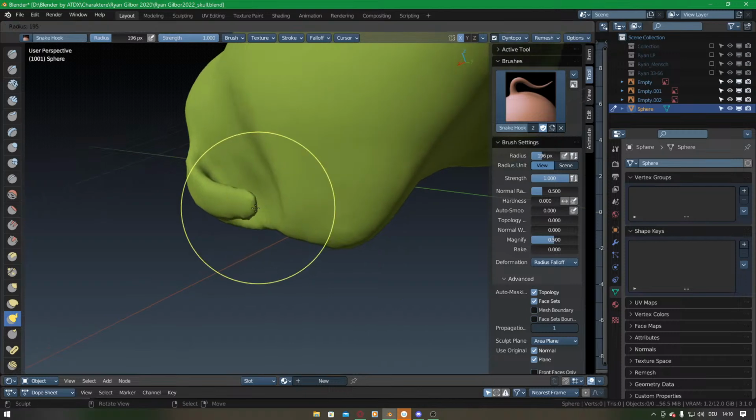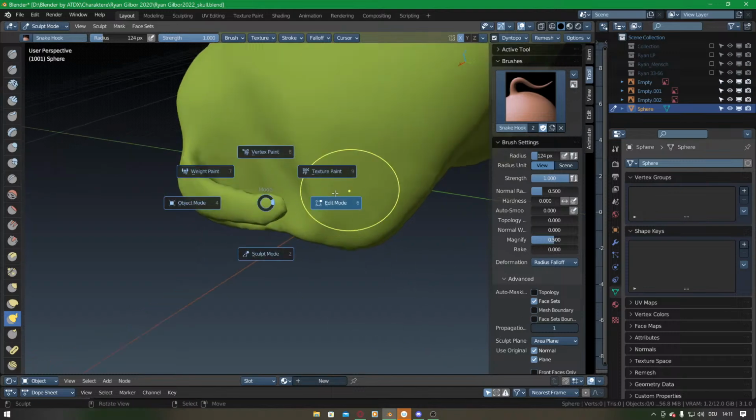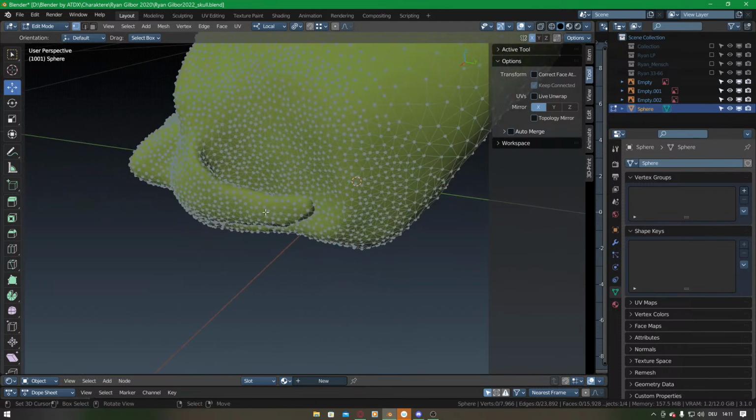Topology. I think if I use topology, no, it's not working. Effects only versus connected to the active vertex under the brush. Yeah, that doesn't work if these are connected. The only thing I could do is make face sets. Whoa, what's with that selection?